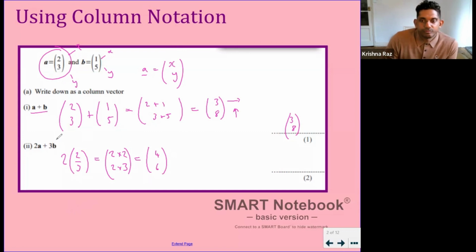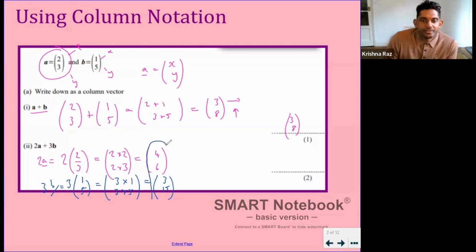And if we look at 3b, that will equal 3 times (1, 5), so 3 times 1 and 3 times 5. We get (3, 15).